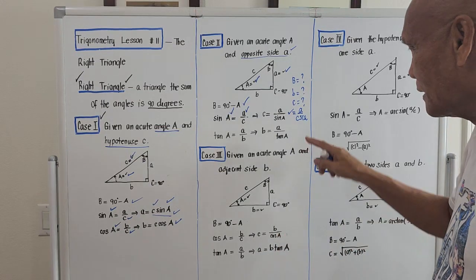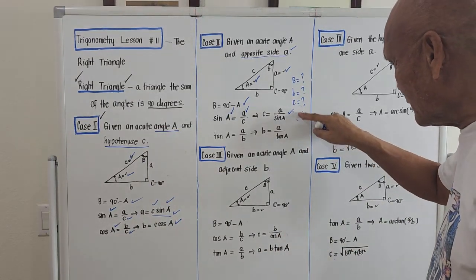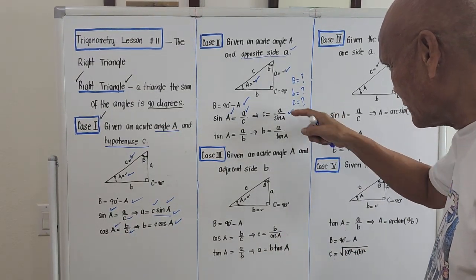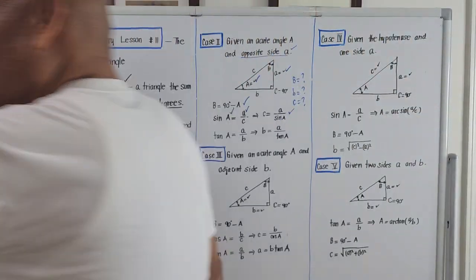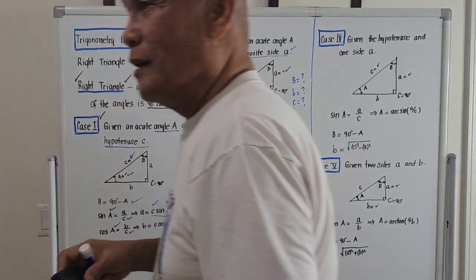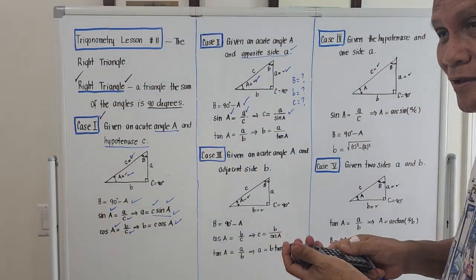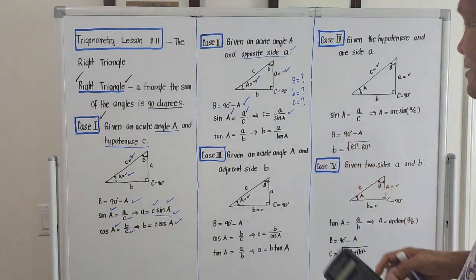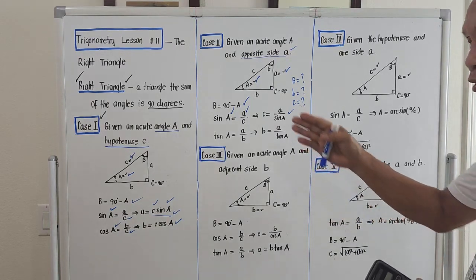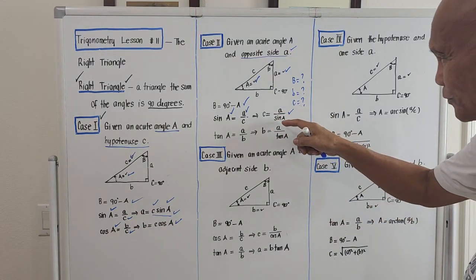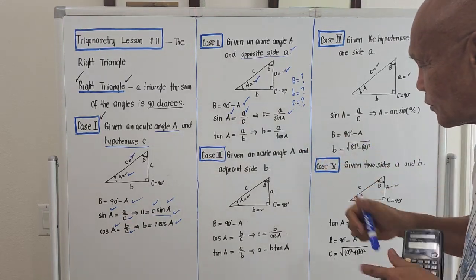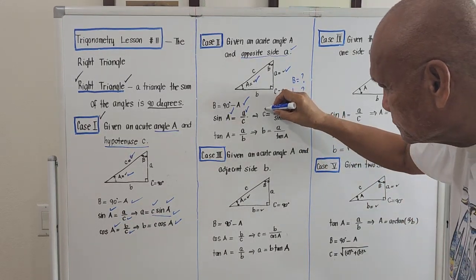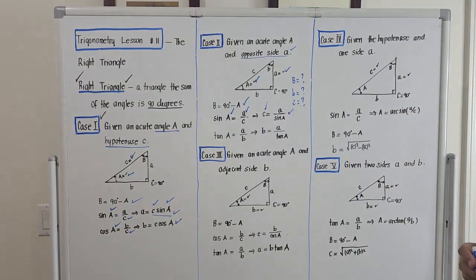So I think it's better that we use this one here, that is A over sine of A. Because if we use our calculator, we cannot find cosecant. So it's good enough that we compute for the value of sine of A and just divide A by that value so we could compute for C.